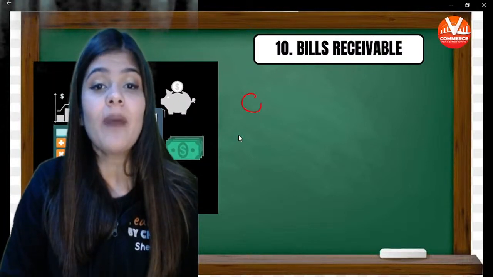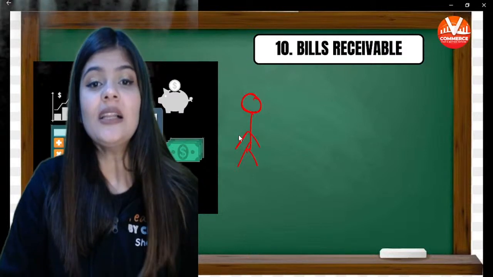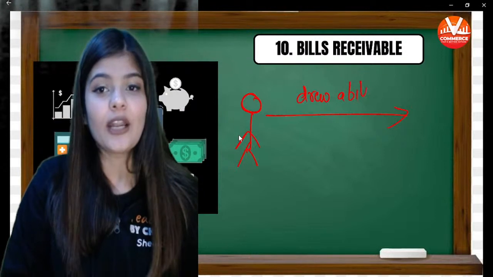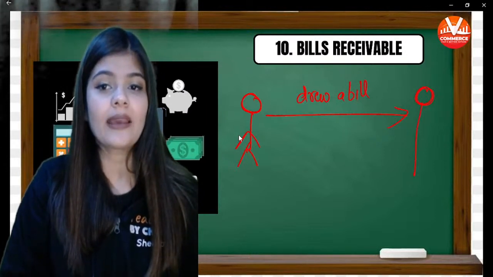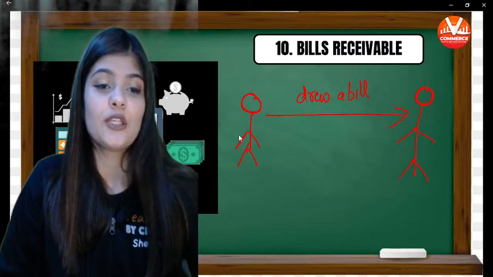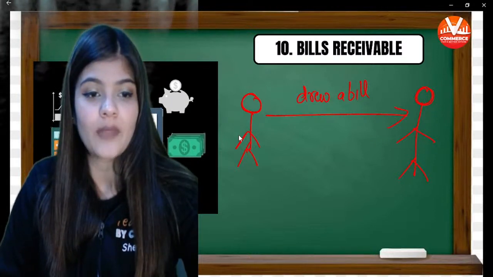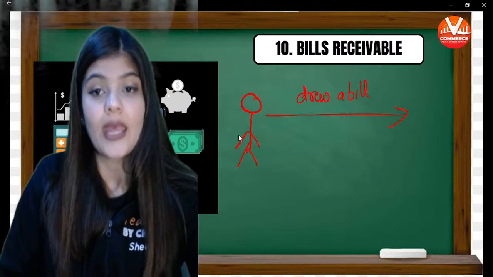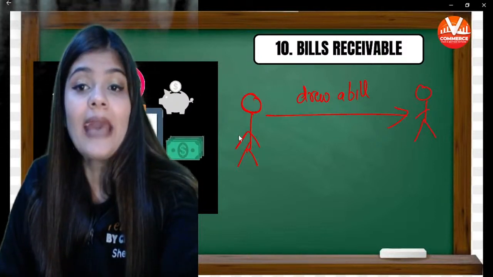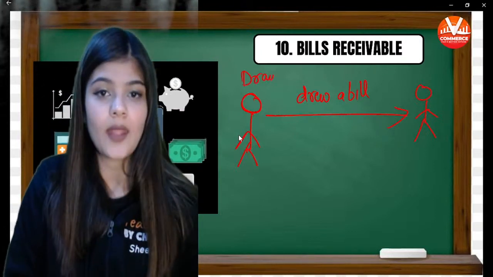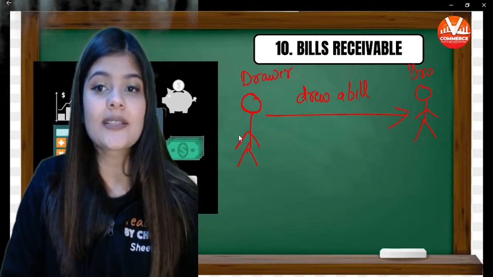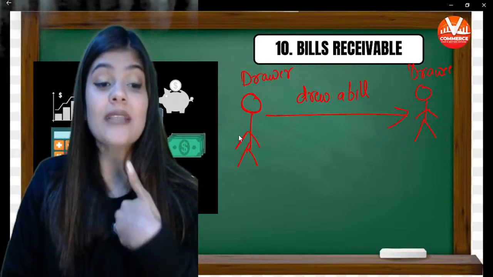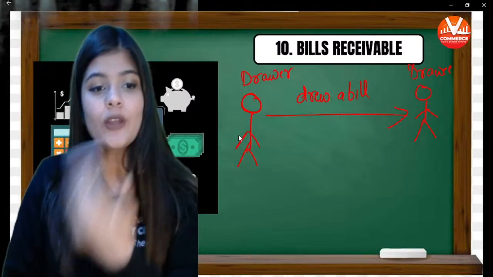So if you remember my example, Sheetal drew a bill on Ankit. So this was my example. I have drawn a bill on Ankit. Now in this example, I was a drawer and he was a drawee. So he will make the payment because I sold goods to him. मैंने उसको goods बेचे थे.